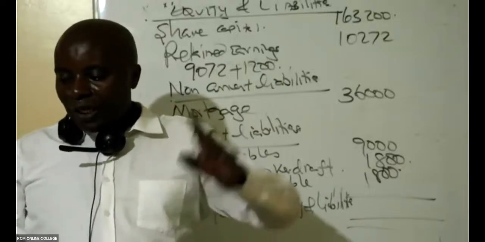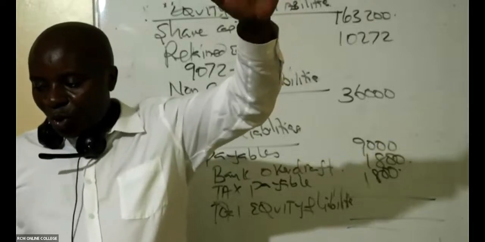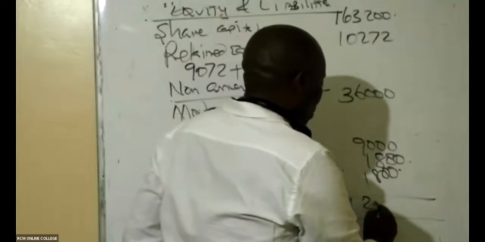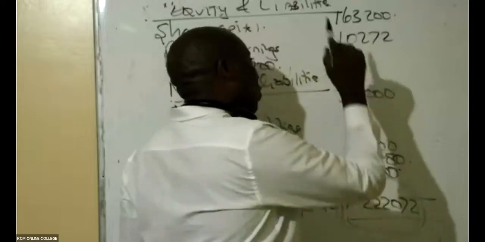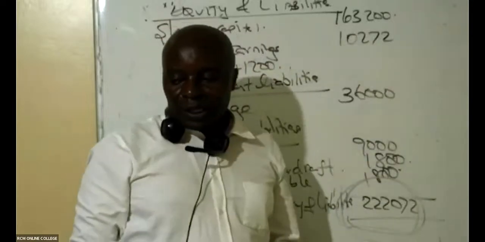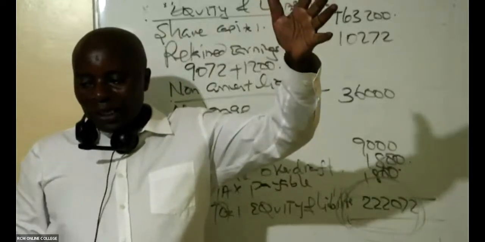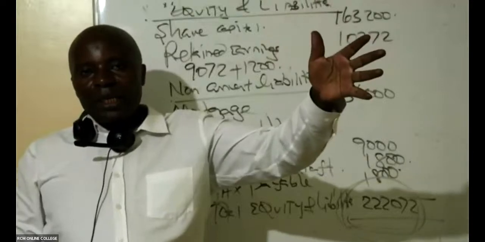So I believe the figure you gave me is 222,072. Is this figure agreeable with our assets? Yeah, it's balancing.